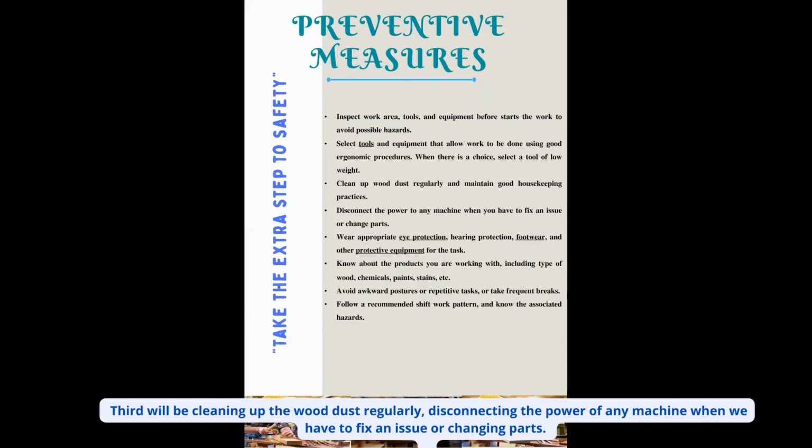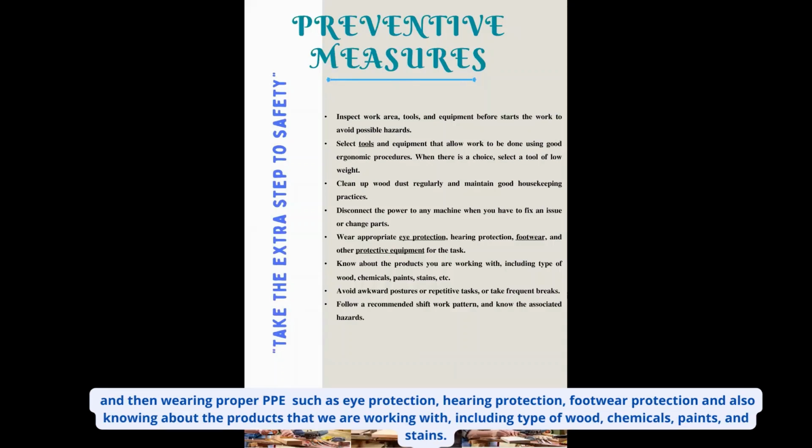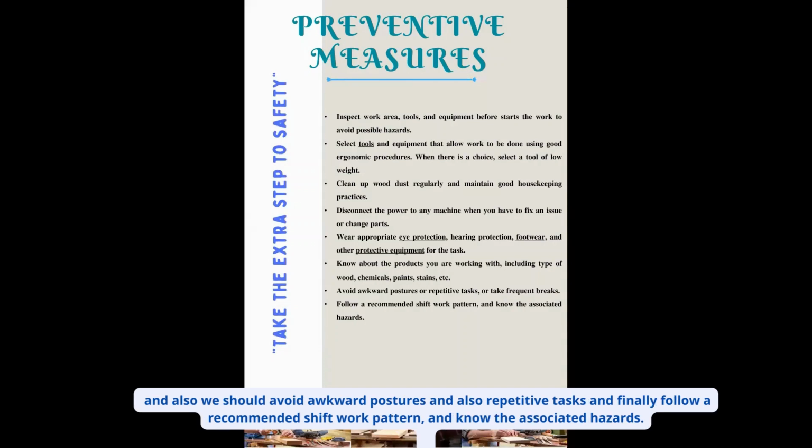Third, cleaning up the wood dust regularly, disconnecting the power of any machine when we have to fix an issue or change parts, and wearing proper PPE such as eye protection, ear protection, and footwear protection, and also knowing about the products that we are working with, including the type of wood, chemicals, paint, and stains. We should also avoid awkward postures and repetitive tasks. And finally, follow a recommended shift work pattern and know the associated hazards.